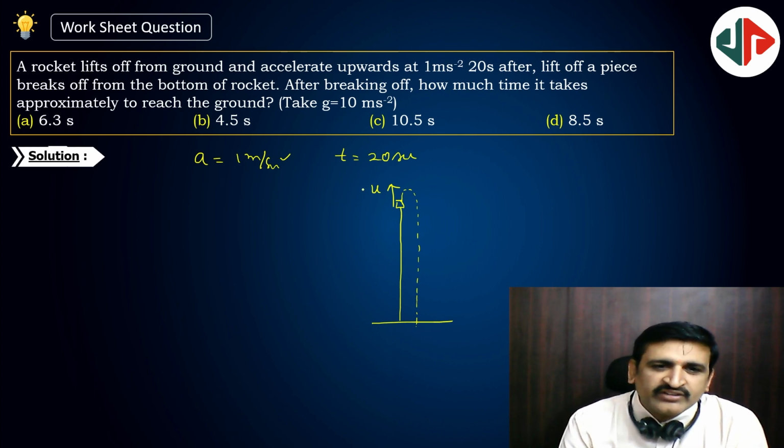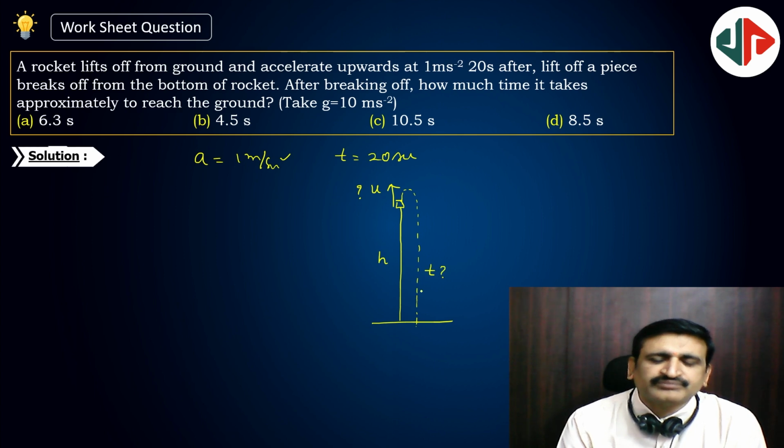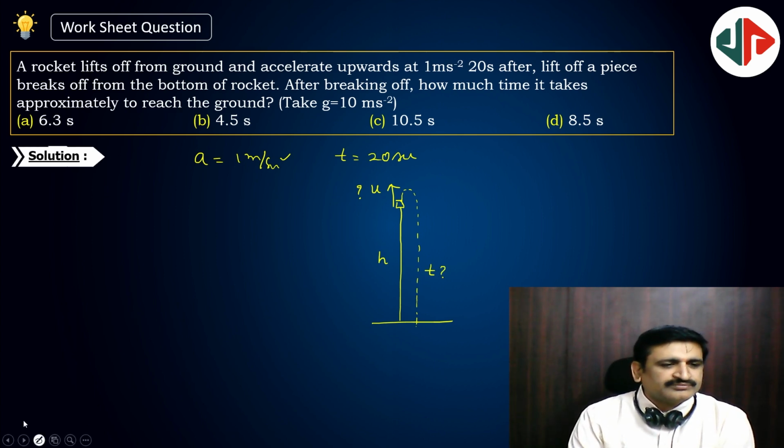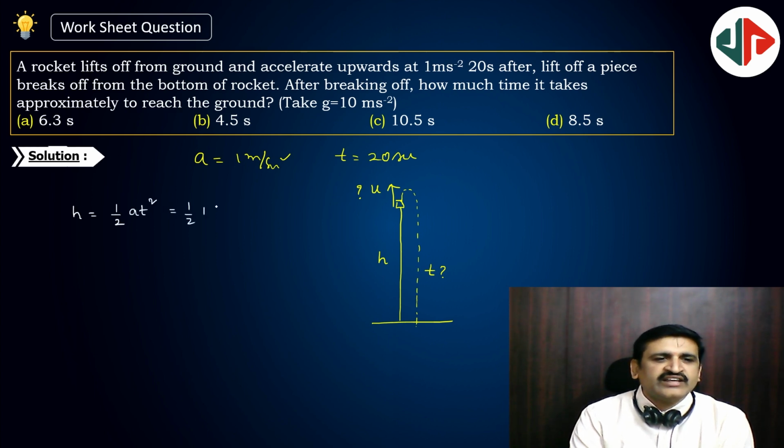I need to find out this velocity, I need to find out this height, then I can find out the time. That is the scenario we are going to do. So height h is equal to half at square, because initial velocity for the rocket is 0. Half a is 1, t is 20, 20 into 20.